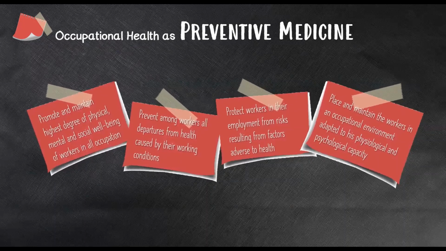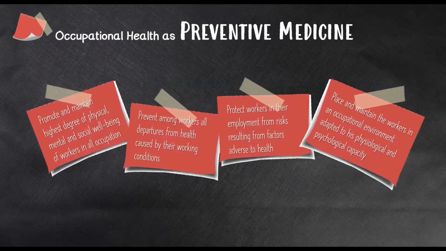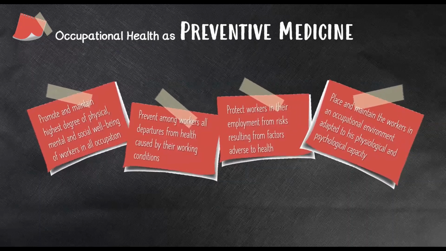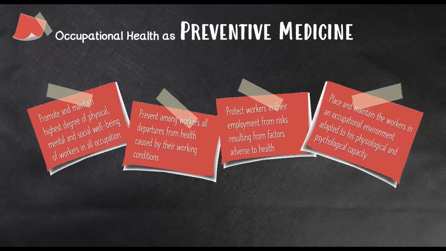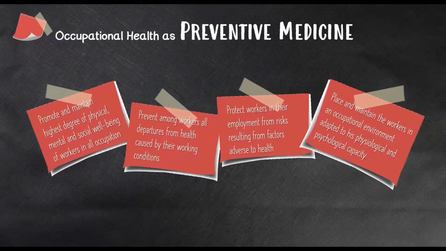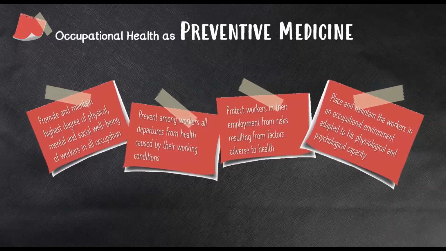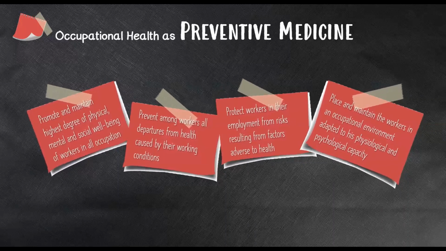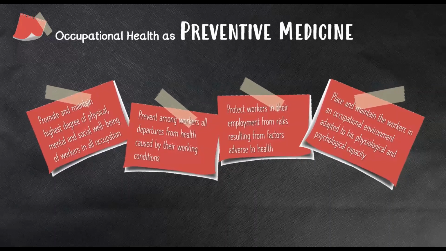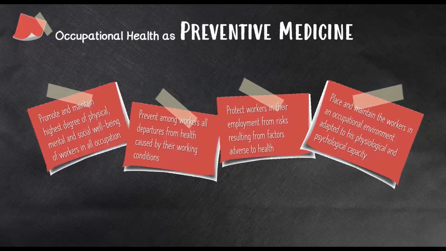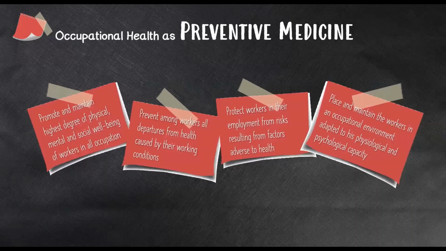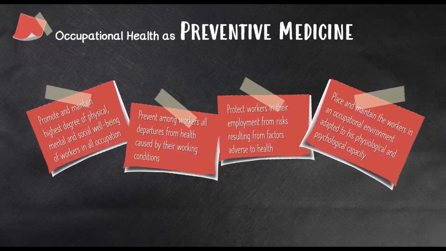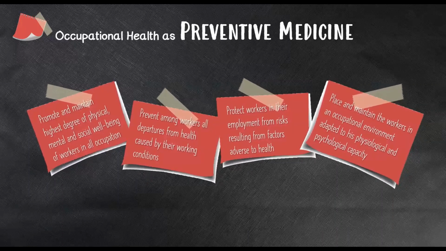Class, it is important to maintain a healthy workforce. Why? Because it can lower the costs and workers' compensation claims when they get sick. Because, right, if the workplace is safe and healthy, the employees are also healthy. No one gets sick, no one gets into accidents. When they do get sick or get into an accident, and upon investigation the illness is found to be work-related, the company will pay the employee.